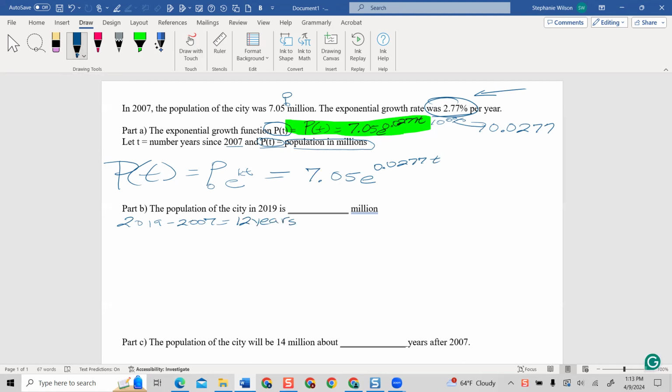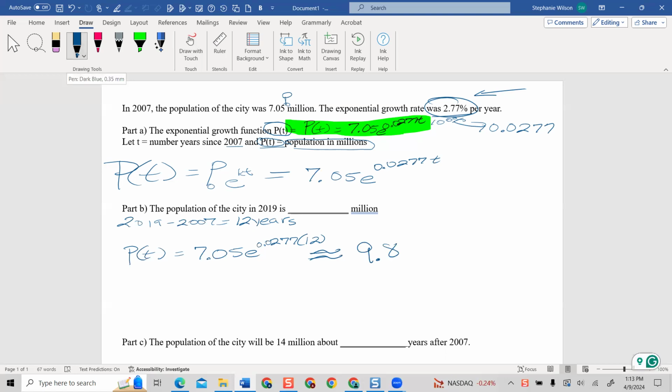So now that we got that, we're going to plug it in our model, our function notation, our equation. And again, remember, t is years, is the time. So I'm going to put approximately instead of equal to. When we type it in our calculator, I get an output of 9.8.